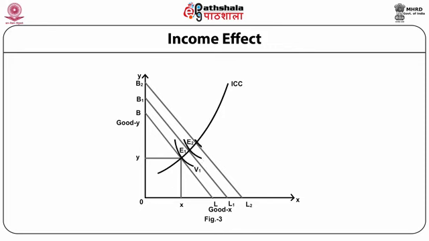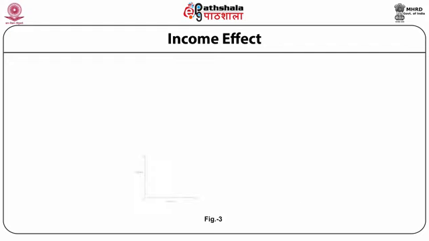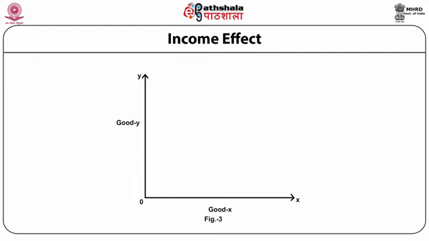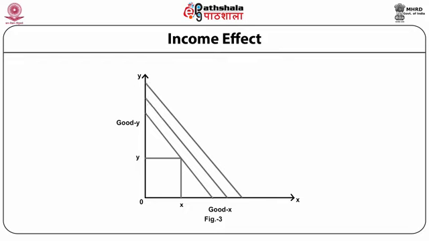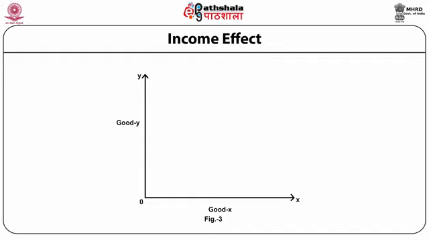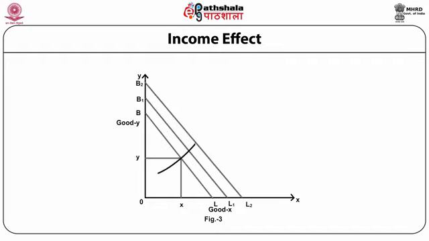Income effect can be both positive as well as negative. Income effect for a good is called positive if, with increase in income of the consumer, he consumes more of that good. The good which exhibits positive income effect is called normal good or superior good. It means their demand increases as the income of the consumer increases.